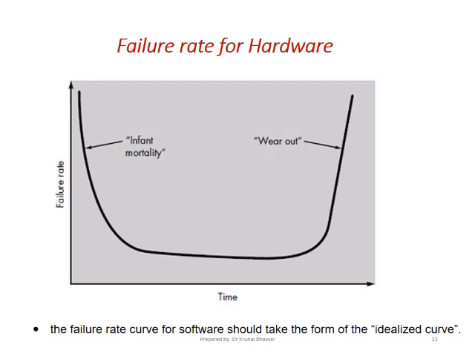Then after the years go by, the system will slow down, slower and slower, and after that the hardware devices are completely replaced. So that is the curve for wear out.